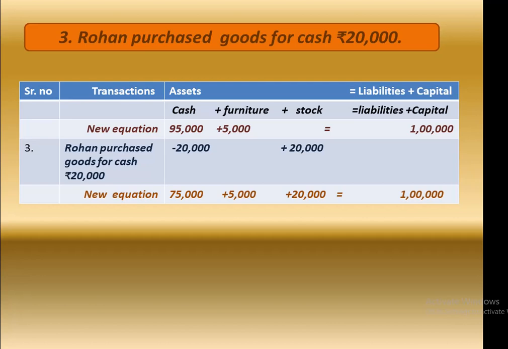Now, here is the treatment. Minus 20,000 from cash and stock has been increased with 20,000. Now, new equation is 75,000 plus 5,000 plus 20,000 means total of left hand side is 1 lakh and total of right hand side is 1 lakh.